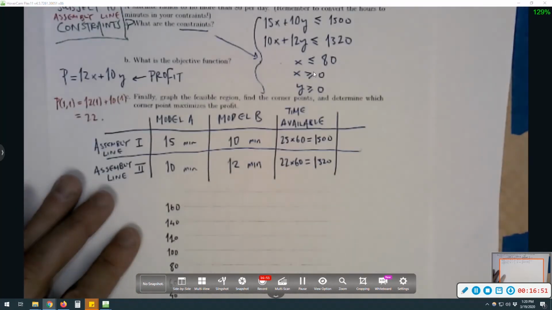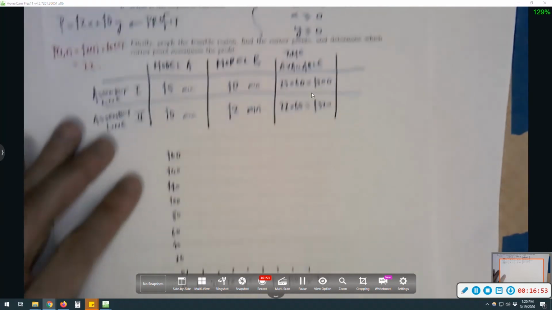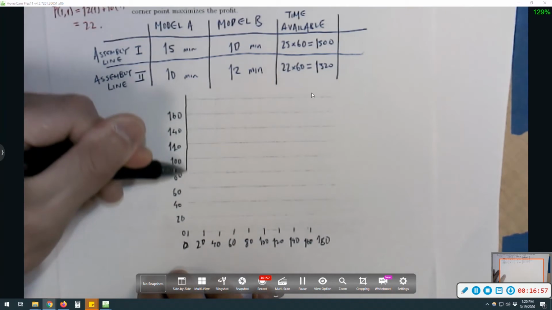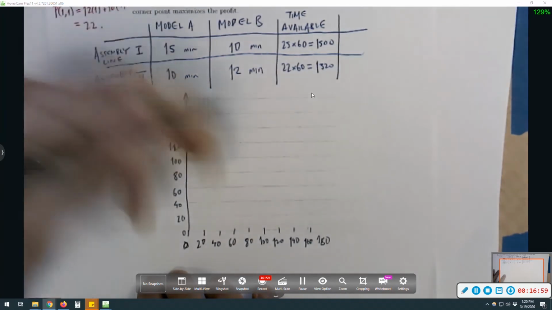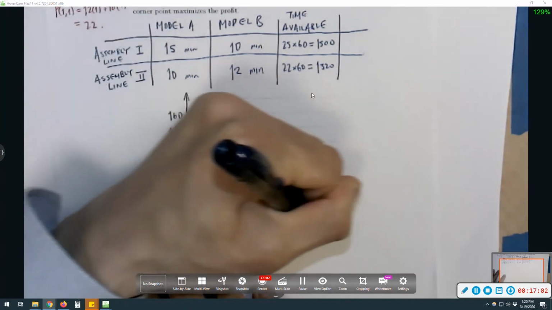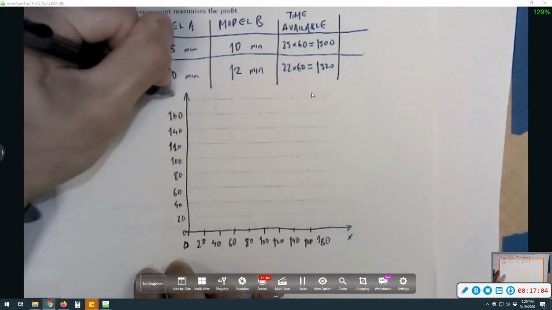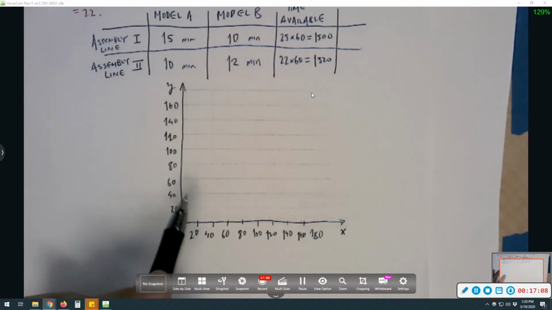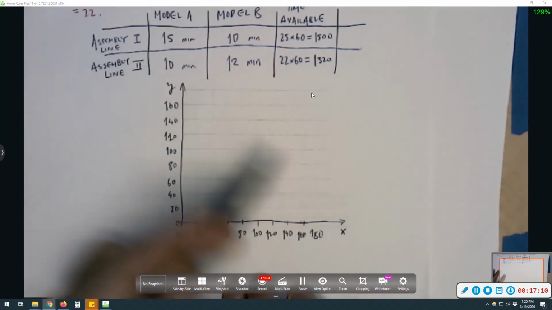The reason we don't have to graph x greater than 0 and y greater than 0 is because they're just given by the axes. Maybe I'll draw on the axes just to be clear. This is our y-axis and this is our x-axis. The solutions for these model radios have to all be positive, so the solution will be in the positive quadrant.